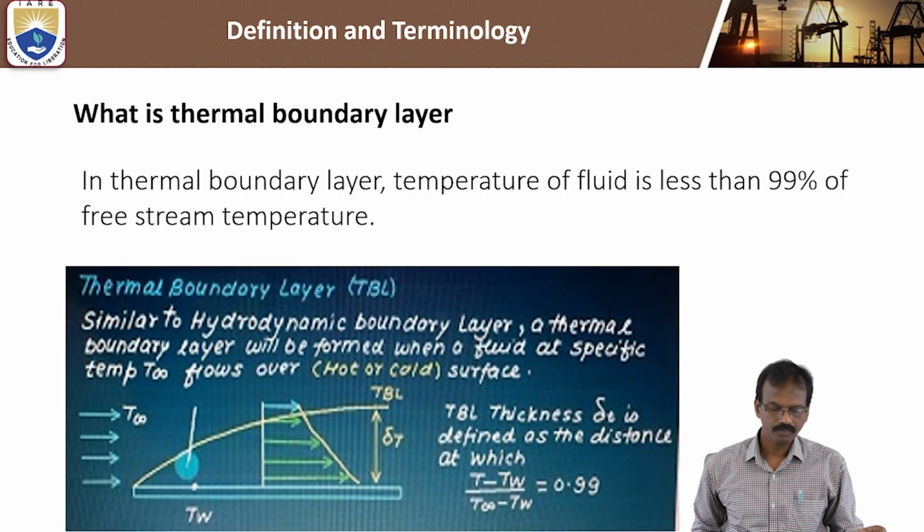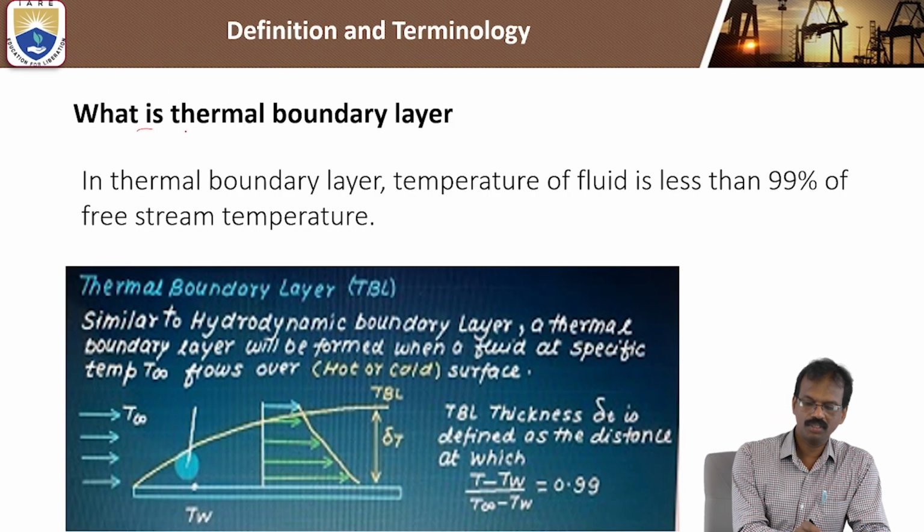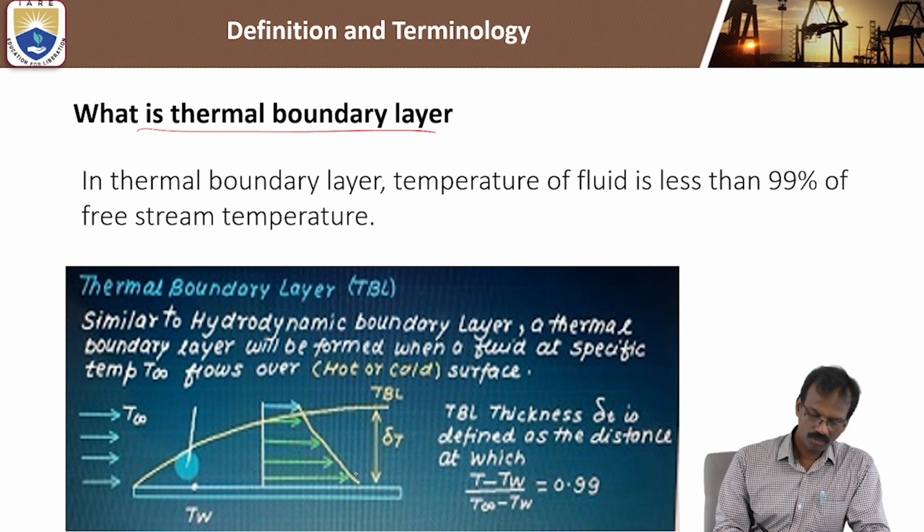Same here, just like the thermal boundary layer. This is the temperature profile. At the solid surface, the temperature is very high. Then this temperature curve gradually decreases.